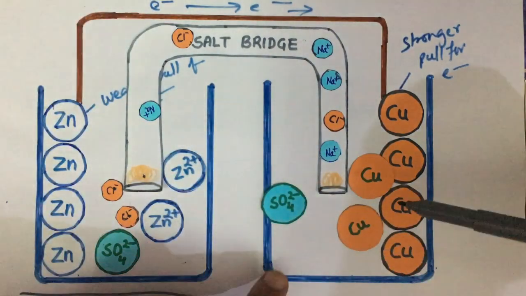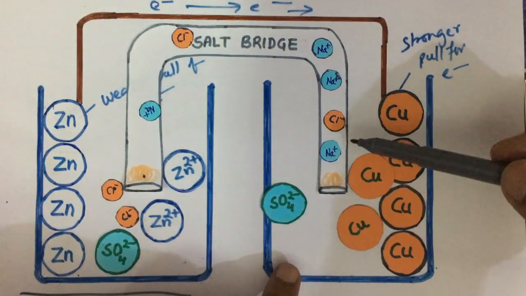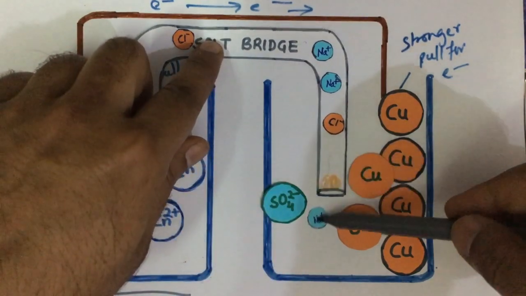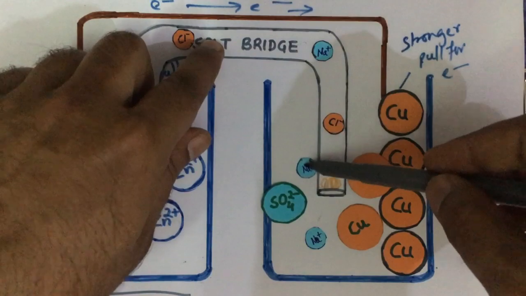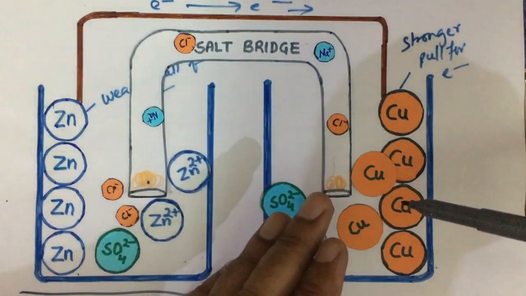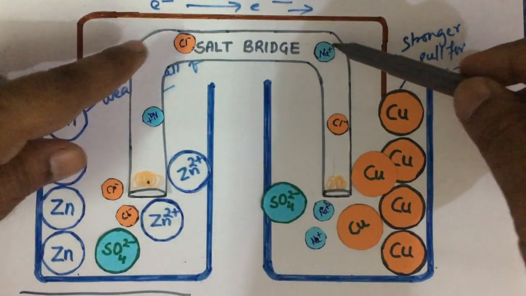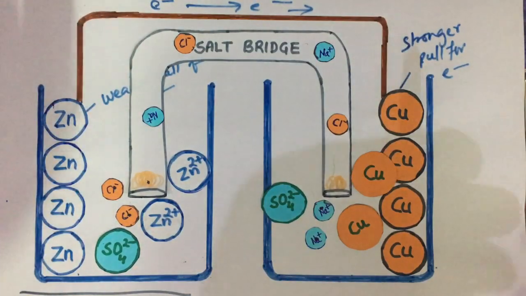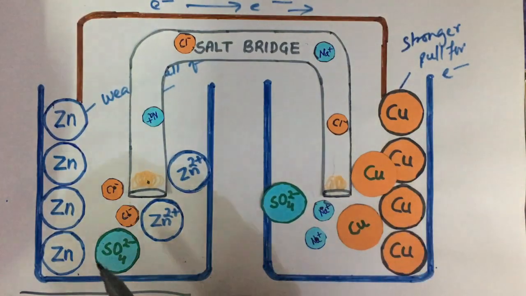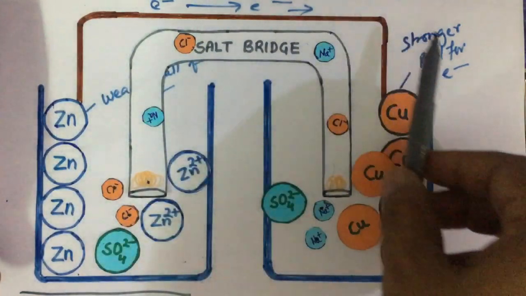In the same way, when the copper ions are deposited, there is a buildup of negative charge in this half, and an equal amount of positive ions flows from the salt bridge to the solution, and they neutralize the buildup of negative charge on this side. So by the flowing of ions from the salt bridge, the electrical neutrality of the two half cells is maintained, and the cell continues to flow the electrons from anode to cathode.